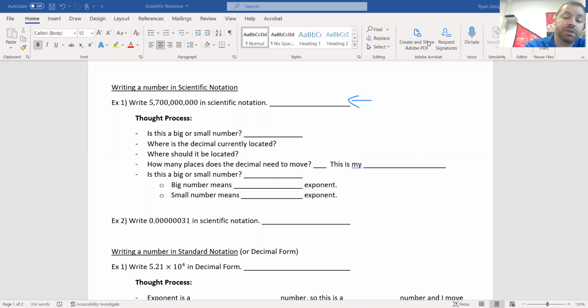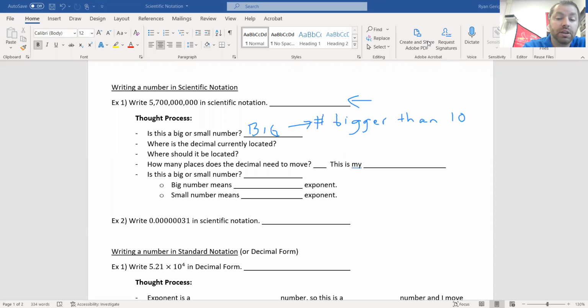Is this a big number or a small number? Well, it's pretty obvious this is a big number, but for future reference, a big number is a number bigger than 10. A small number would be a number less than 1. Wondering where I get those numbers? Look back at what a has to be. Anything bigger than 10 is considered a big number. Anything less than 1 is considered a small number.